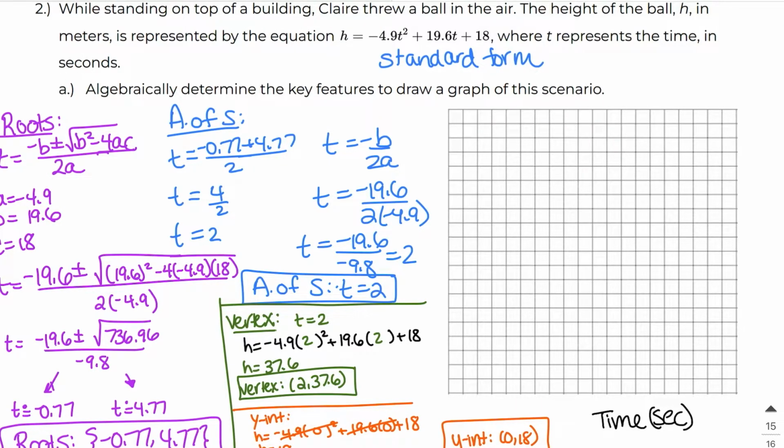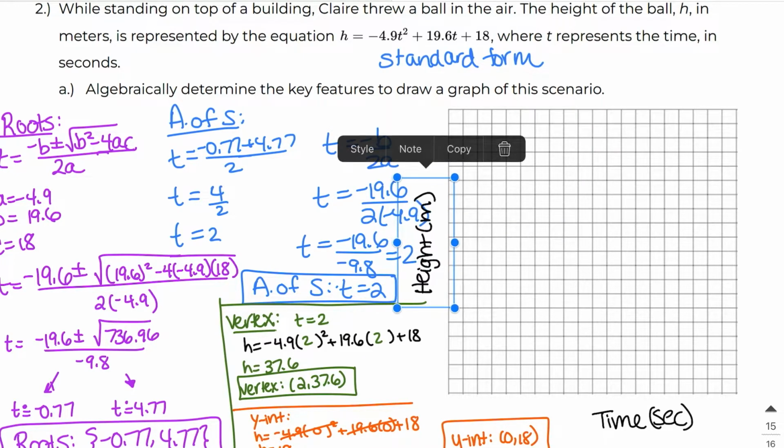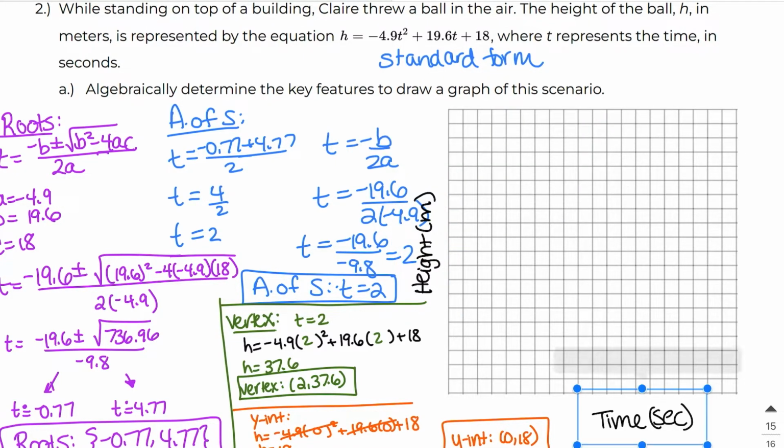And on the y-axis, we are going to have the height, and the height is measured in meters right here, okay? But one thing I want you to realize is because we're talking about time and height, both of those values are going to be positive values. So we are only going to look at positive values for x and positive values for y, okay?